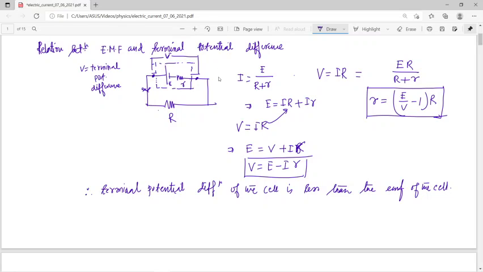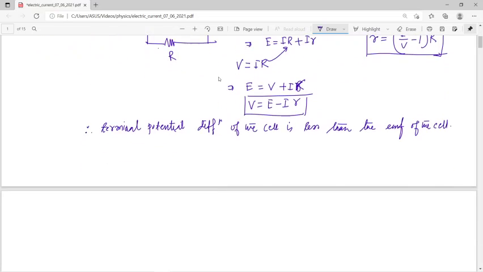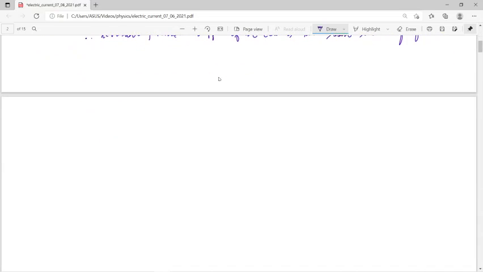Now the question is, when the cells are connected in series and when the cells are connected in parallel. We are saying identical cells in series.